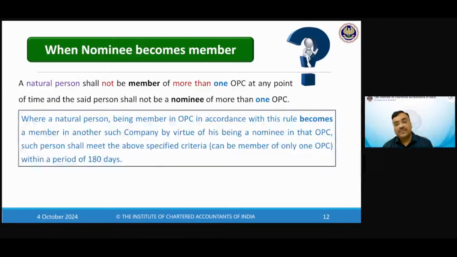यानी suppose मैं एक कंपनी में मेंबर हो सकता हूं OPC में और at the same time मैं किसी और OPC में नॉमिनी भी हो सकता हूं.